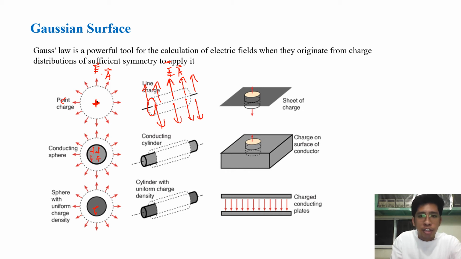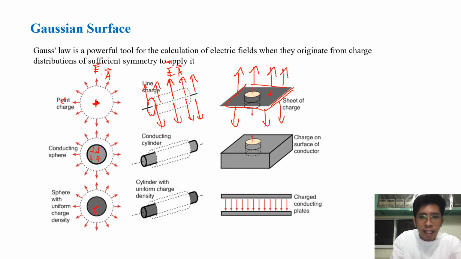Now for a sheet of charge, you have this sheet here. Let's say this is positively charged. Then your electric field will be outward, going up and down. What we use here is still a cylinder, but there are no field lines along the sides.